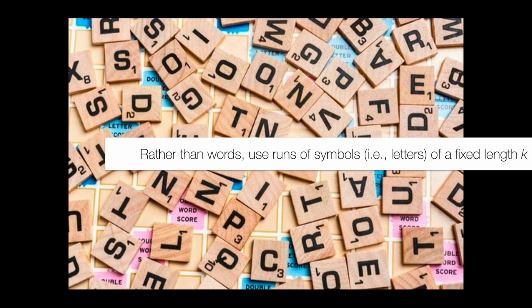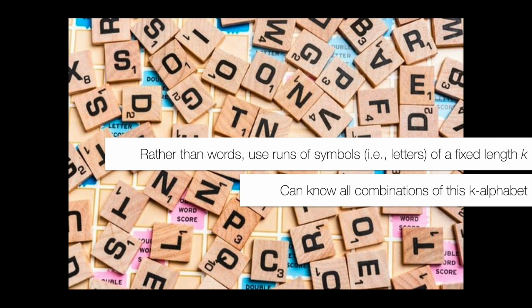And we'll look at runs of a particular length, because then we can know what all the possible combinations of this k-length set of symbols could be. So if we know we have quote-unquote words of 5 letters, what are all the different 5-letter combinations of the letters in our alphabet? And that tells us how many columns we can have.